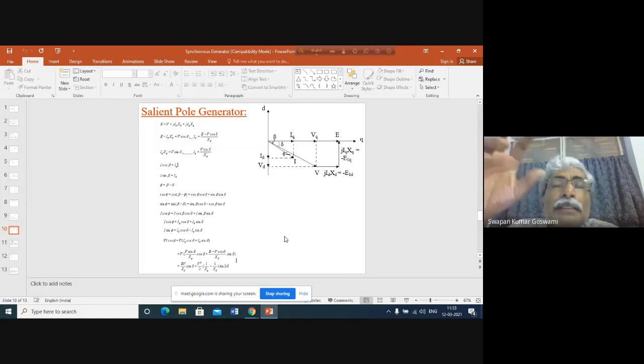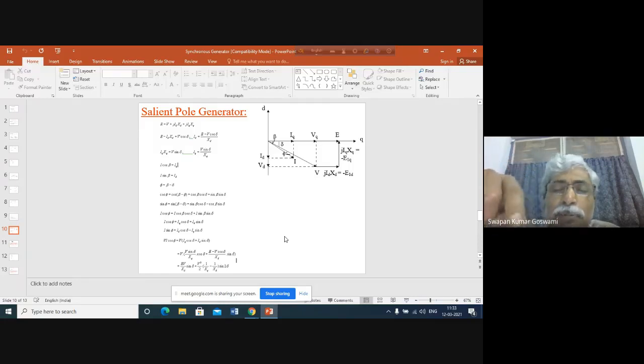It has been found that salient pole machines can be analyzed and represented by using two reactances. In a cylindrical rotor machine, we represent the generator or motor by a single reactance, XS, the synchronous reactance, which combines armature reaction reactance and leakage reactance.